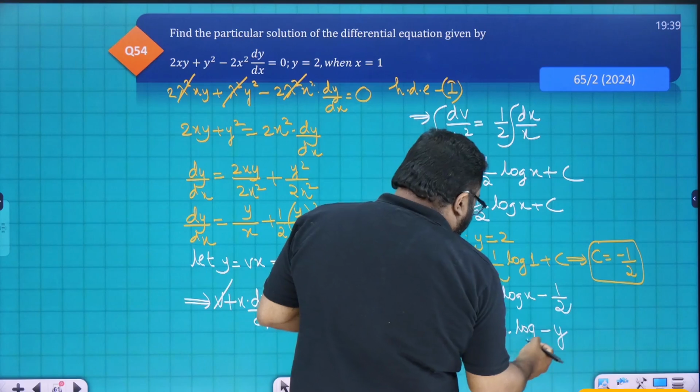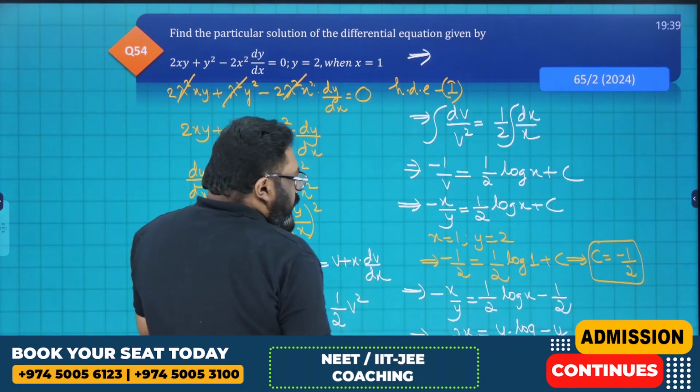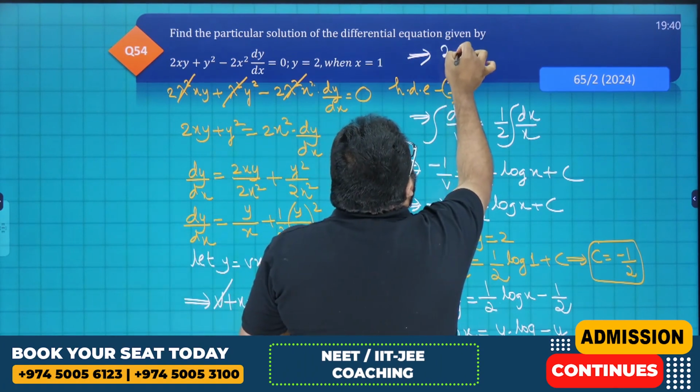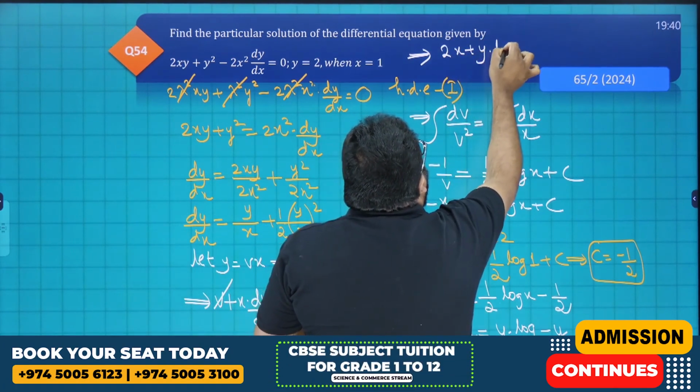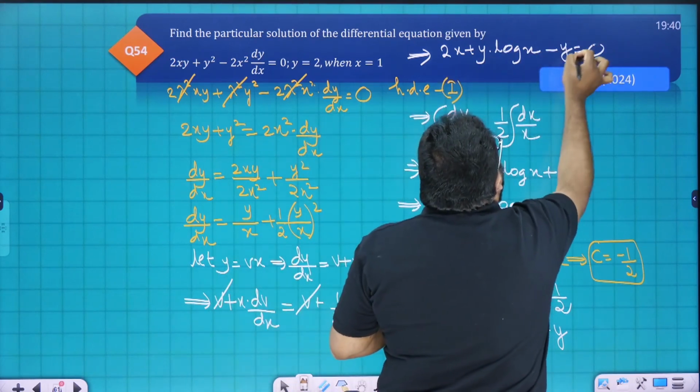Again, if you want a small rearrangement, you can write it as the final answer. I'm just writing it over here. It's going to be 2x plus y log x minus y equals 0.